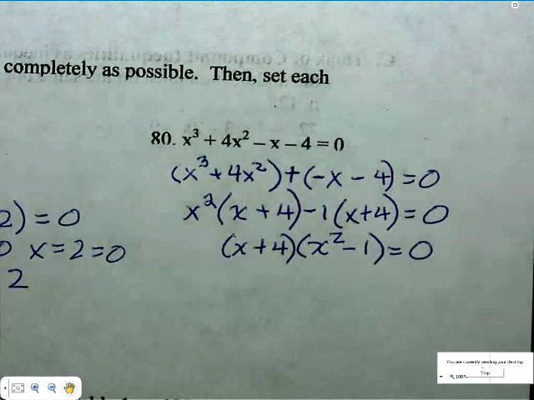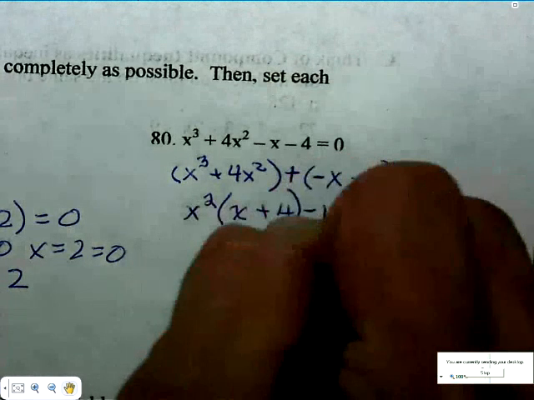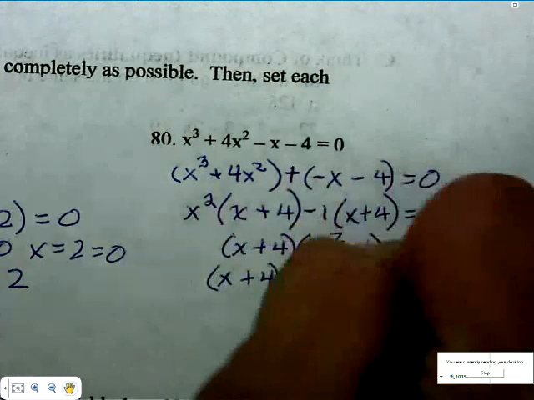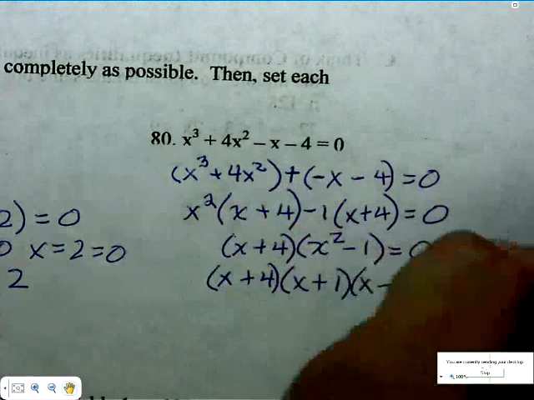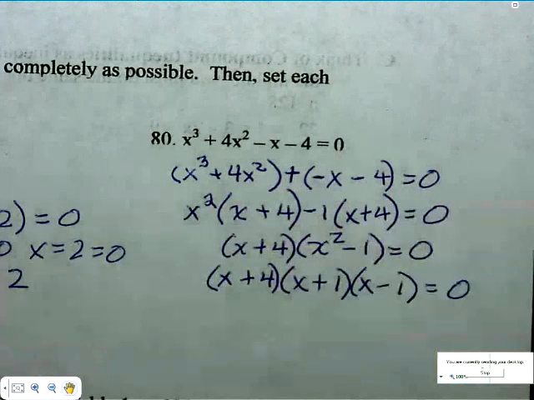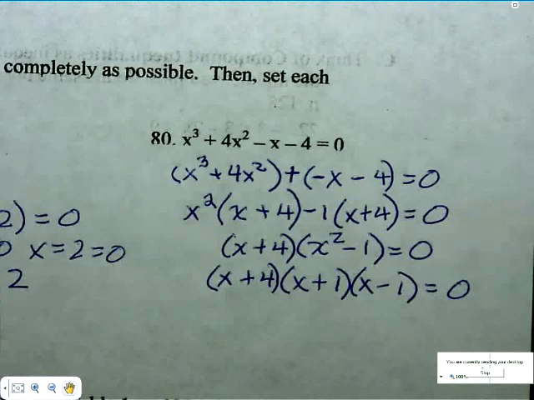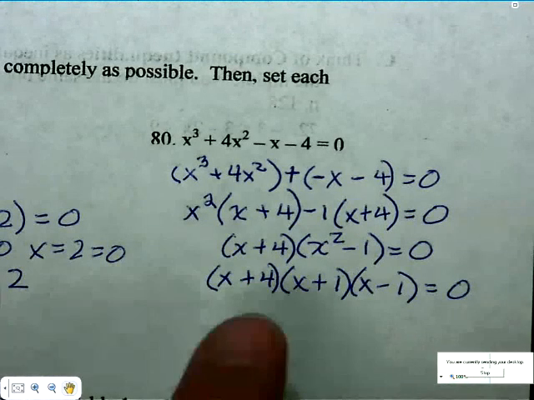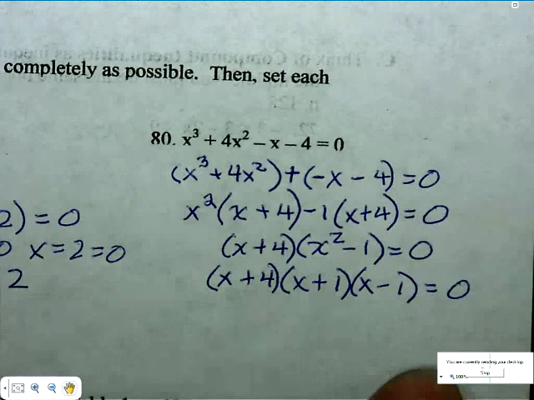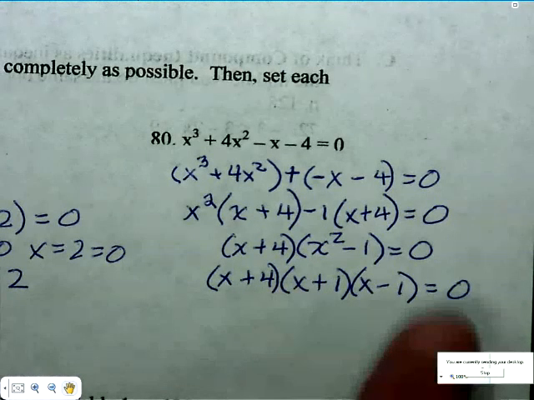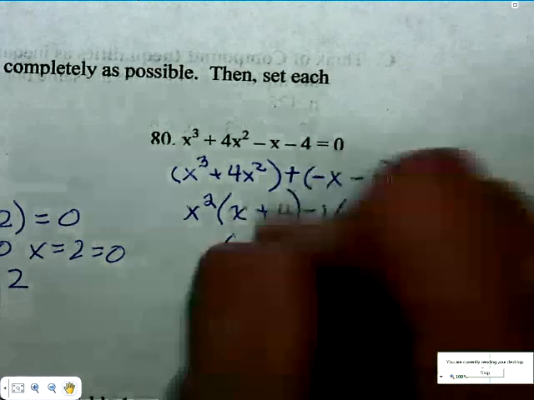And that quadratic factor will factor further. That's the difference of 2 squares again. When you set each of those equal to 0, what are your 3 solutions going to be? Yep. That set equal to 0 will give you negative 4. That would give you negative 1. That would give you positive 1.